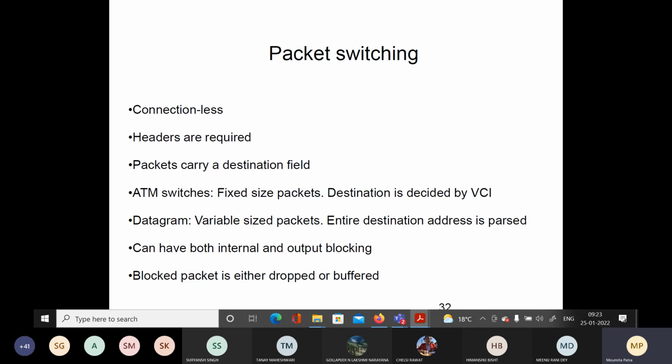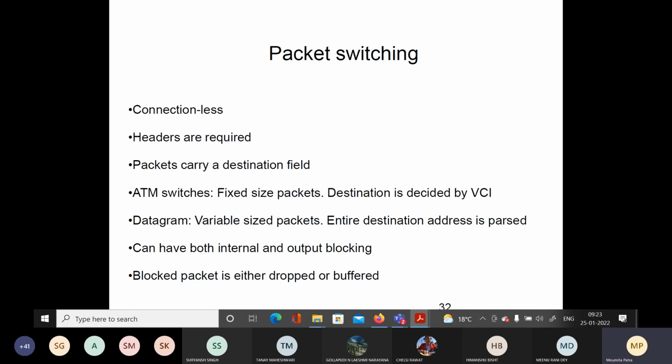Now when it comes to datagram switches, they have to work with variable sized packets, because we are talking about basic packet switching, and in general we do not have any constraint on the packet size, whether it will be fixed or of variable size.